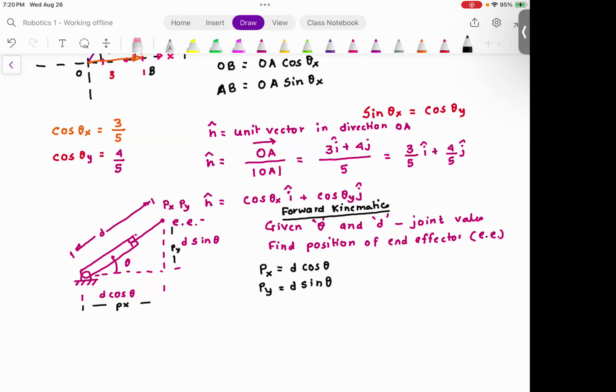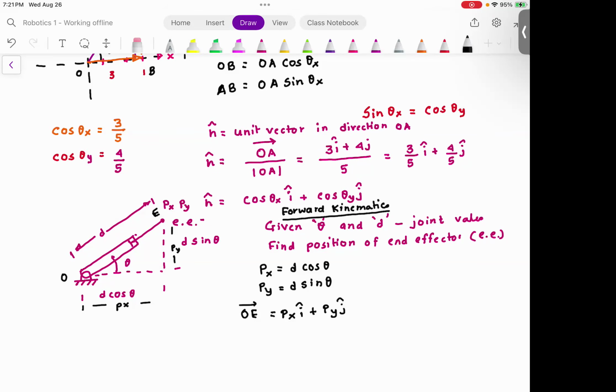So I can say it is px i plus py j. So this is O, and I'm going to call this E. So OE is given by px i plus py j. So given the values of d and theta, you can find the position vector or the end effector position in x, y, and z.